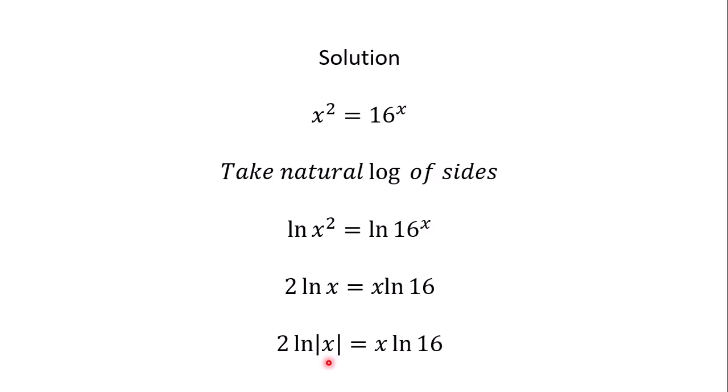Okay, so here the absolute value simply means that we don't know at the end of the day what value of x we are going to get, positive or negative.